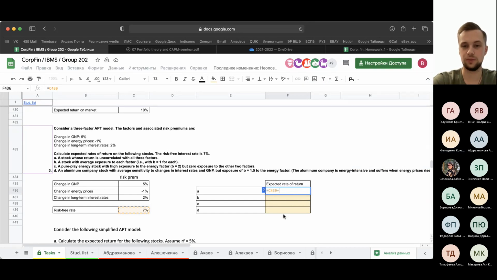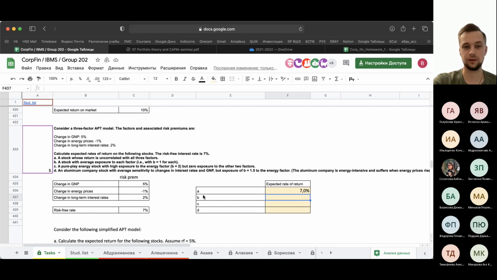Yeah, because the betas will be 0, so it will be 0 multiplied by this, plus 0 multiplied by this, plus 0 multiplied by this. So the expected return of the stock is uncorrelated with the risk factors. The risk factors do not affect the return of the stock, so we can say that the betas are zeros.